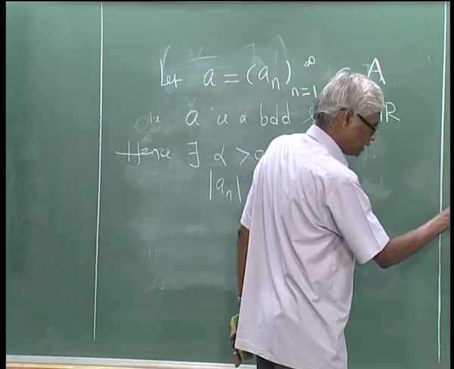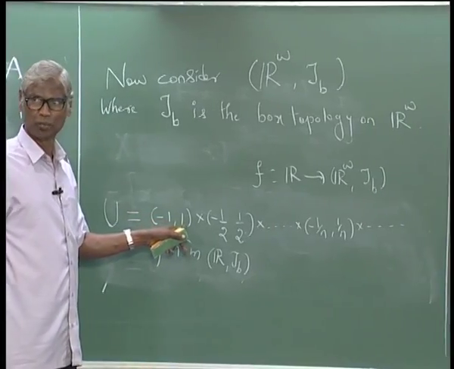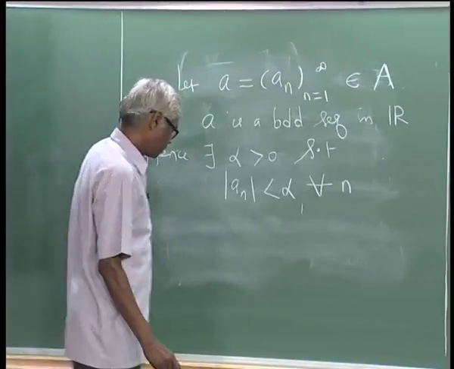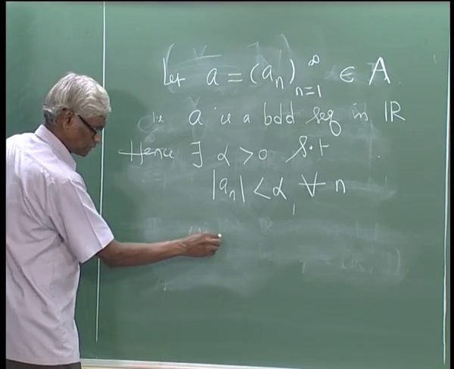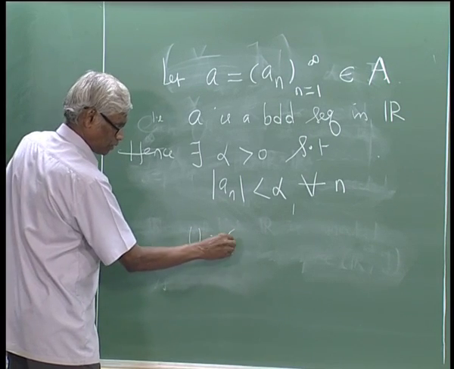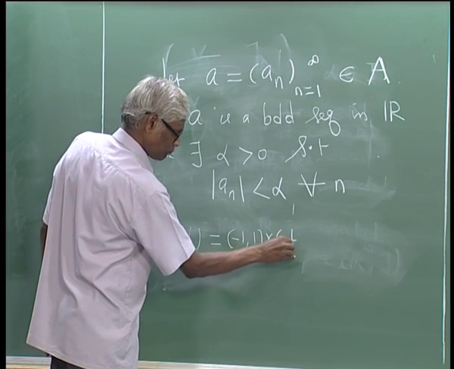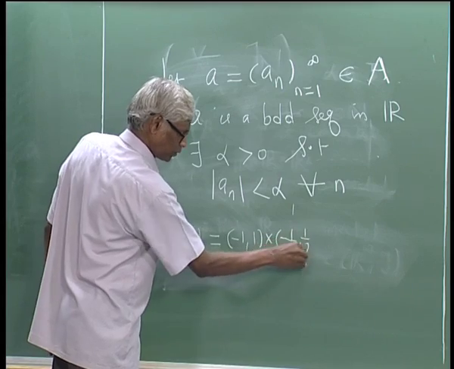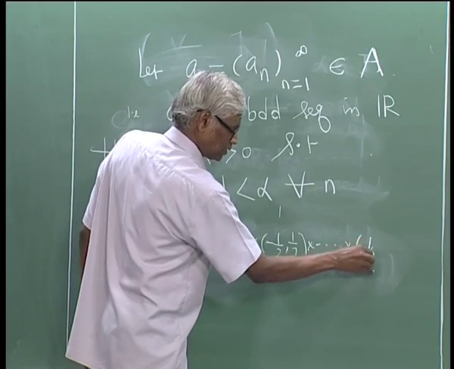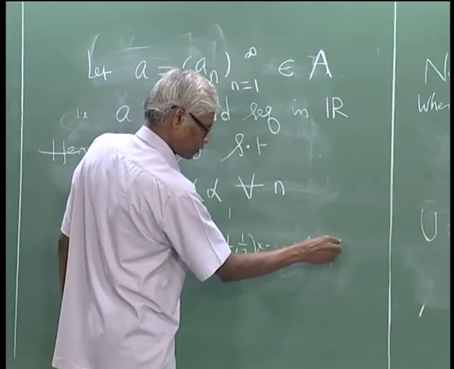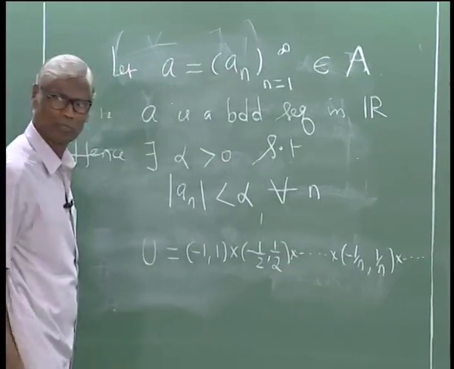Now consider this open set which is open in the box topology. Our open set U is the open interval (-1, 1) cross (-1/2, 1/2) cross and so on, with the nth place being the open interval (-1/n, 1/n), cross and so on.